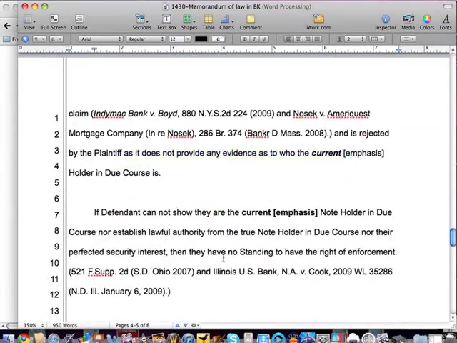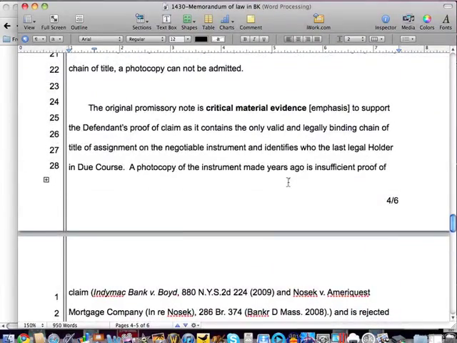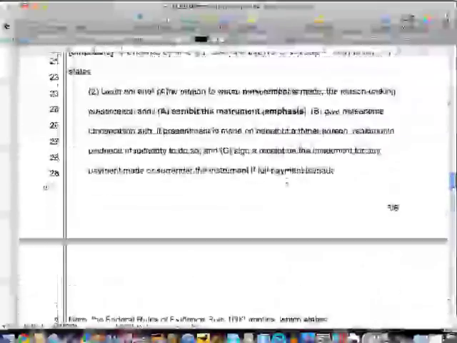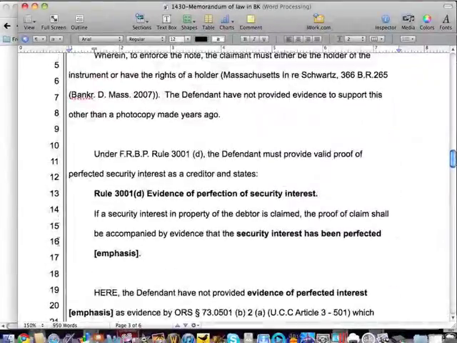All right. So here, I want you to understand how important this move is. This move, using this very critical rule of 3001(d), says that the burden, now let me go back and remind you, the burden of proof is on the plaintiff in a civil action. However, when in bankruptcy, that changes.